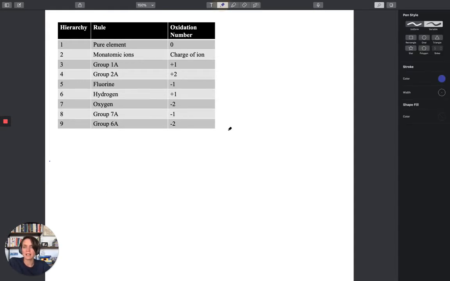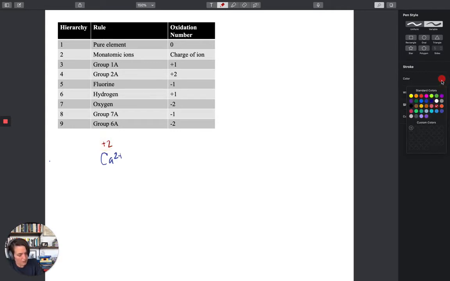Now, monatomic ions are going to have the charge of the ions. So if you had calcium 2+, the oxidation state, which I'll write in red, would be +2.